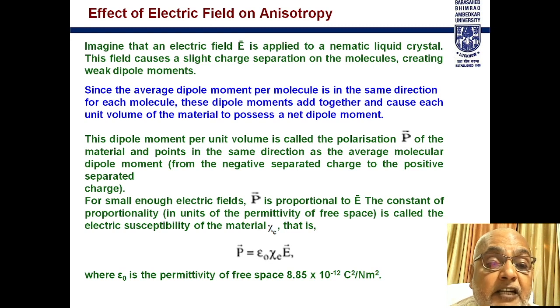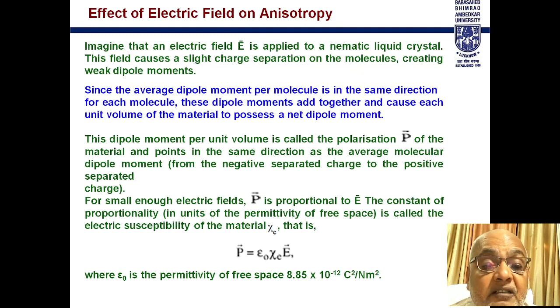Since the average dipole moment per molecule is in the same direction for each molecule, these dipole moments add together and cause each unit volume of the material to possess a net dipole moment. This dipole moment per unit volume is also called the polarization of the material, and it points in the same direction as the average molecular dipole moment, from negative separated charge to positive separated charge.